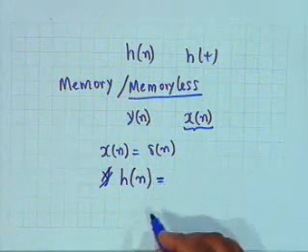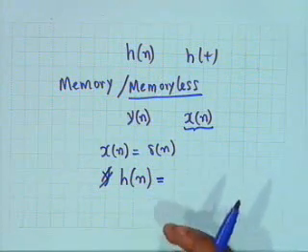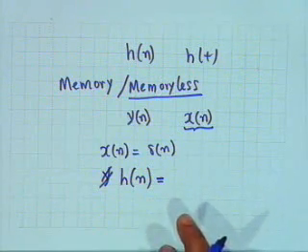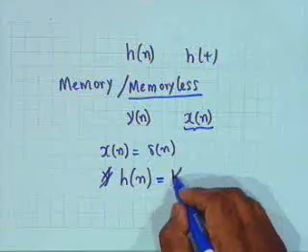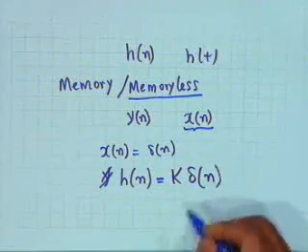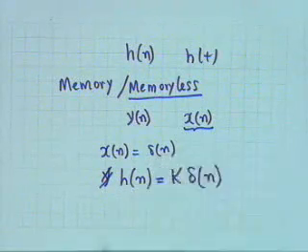H of n therefore must be, well, what is h of n? H of n exists only at n equal to 0. And any discrete time signal which exists at n equal to 0 at a single point can be described in terms of the unit impulse, and therefore it must be of the form k times delta n. Is this point clear?